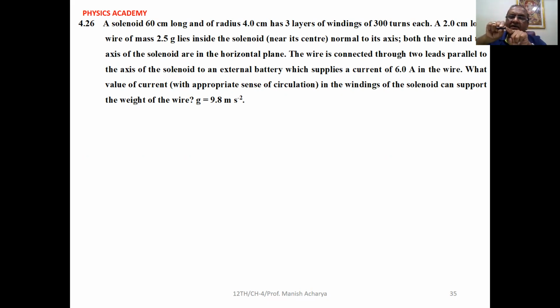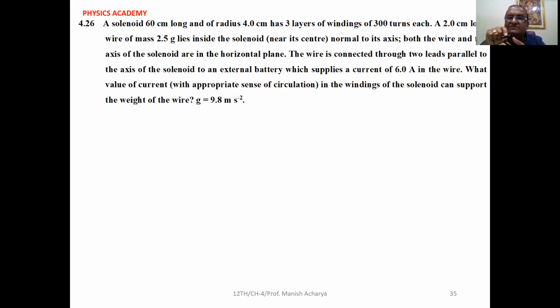So on this wire, the force is ILB sin theta, but this wire is perpendicular to the axis and field is along the axis, means theta is 90. So force on this wire, that is ILB.